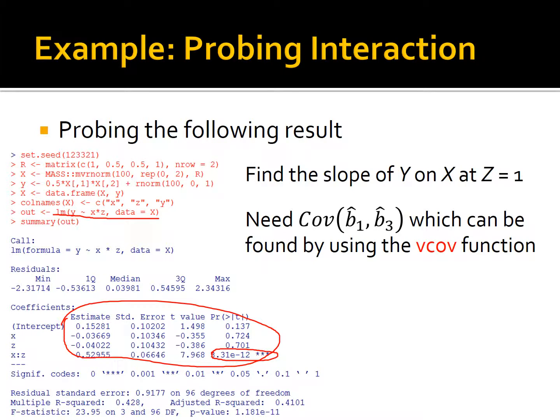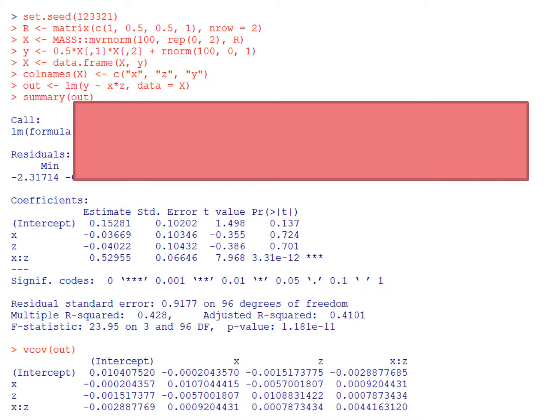So I need to find the variance of the estimate of B1 and the variance of the estimate of B3, which can be found by this standard error squared, right? But in this output, we cannot find the covariance of the estimate of B1 and the estimate of B3. So we can use the vcov function to get that.